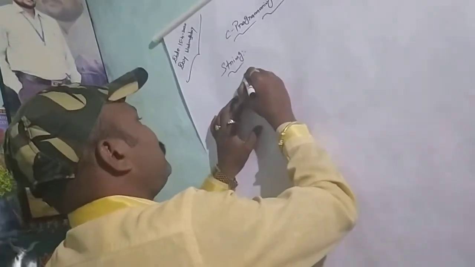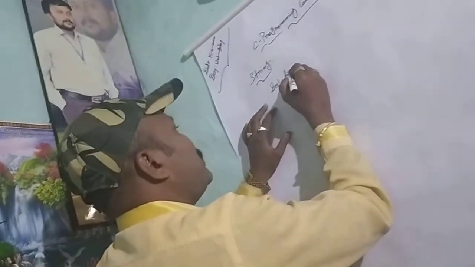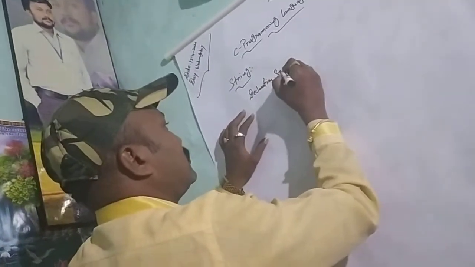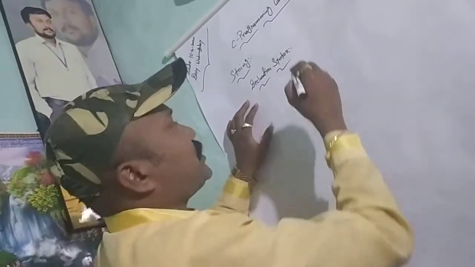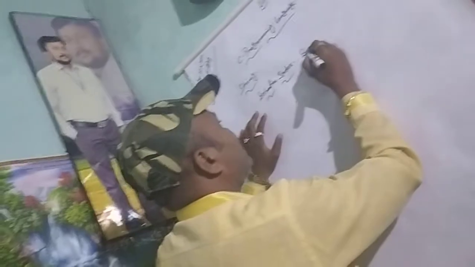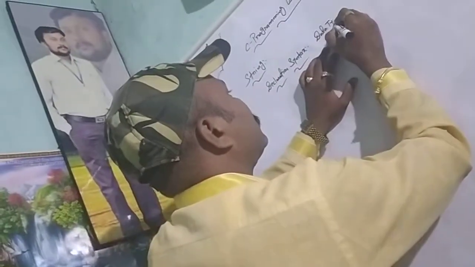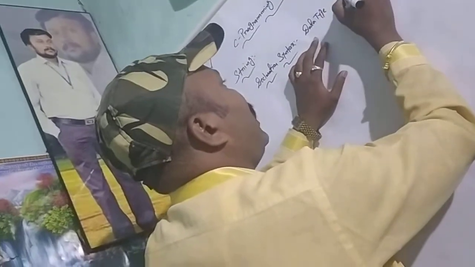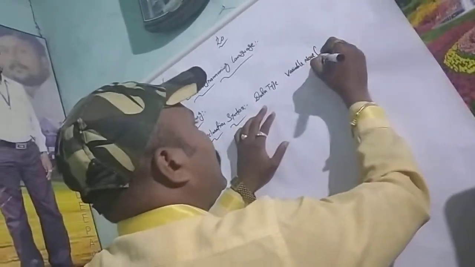What is the declaration syntax? That is data type, variable name, then size.